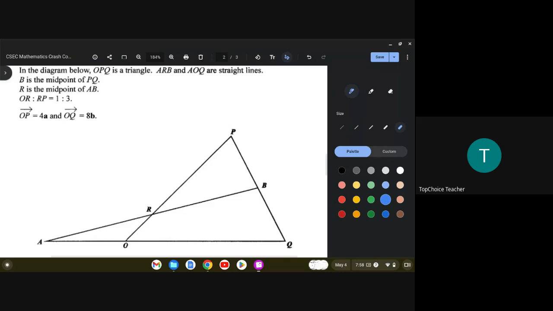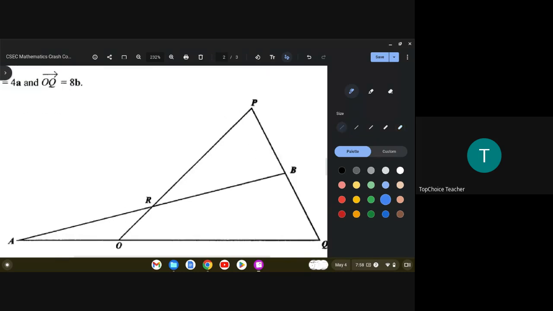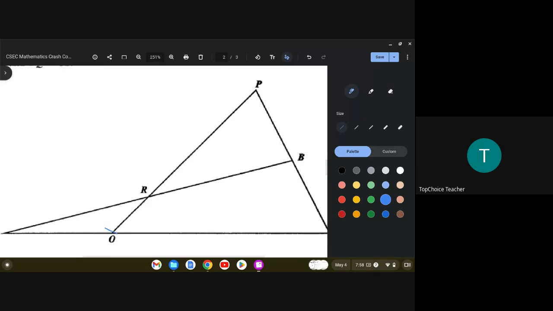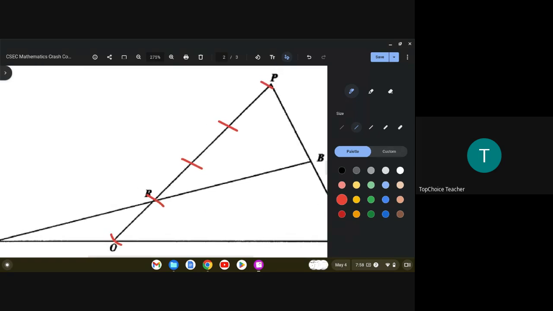That is where we're going to spend a minute or two to explain what that means. Because of time, I'm going to do a little drawing here, and I'll explain it from the drawing. What does a ratio of 1 to 3 mean?